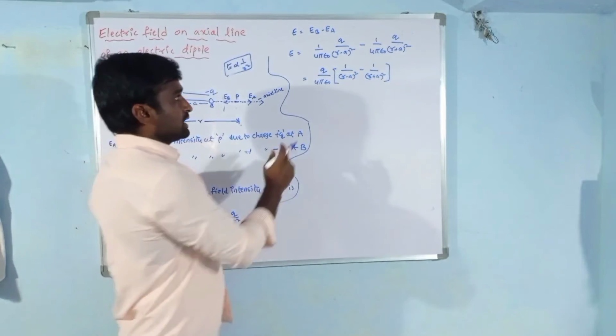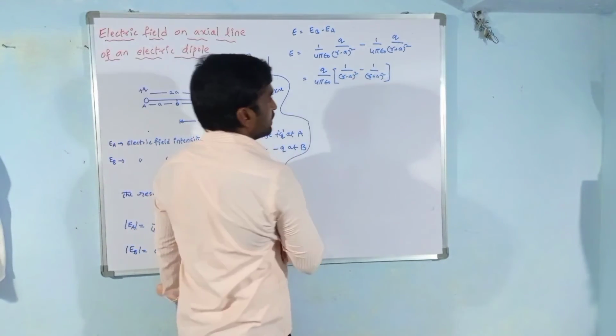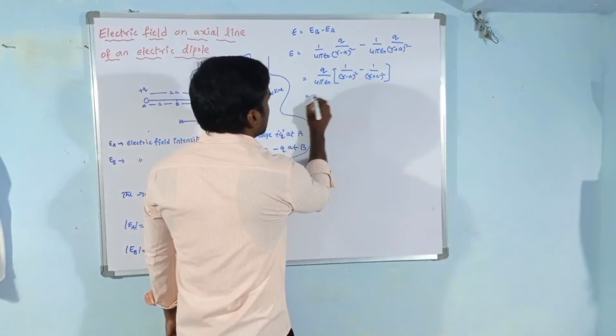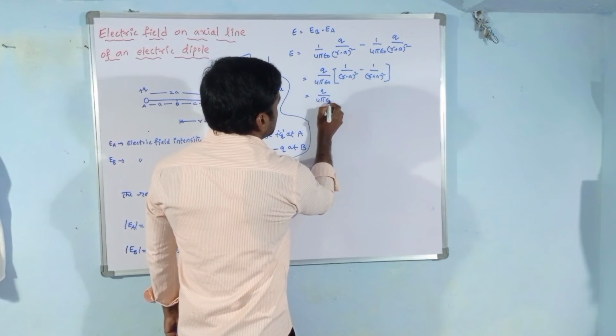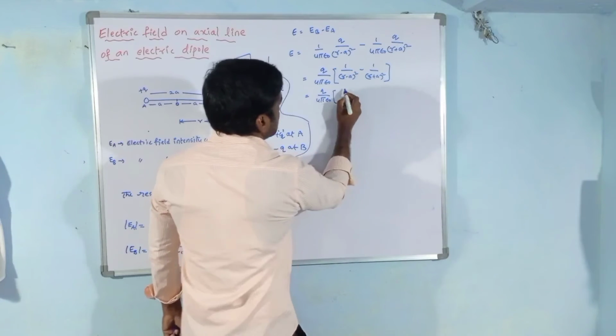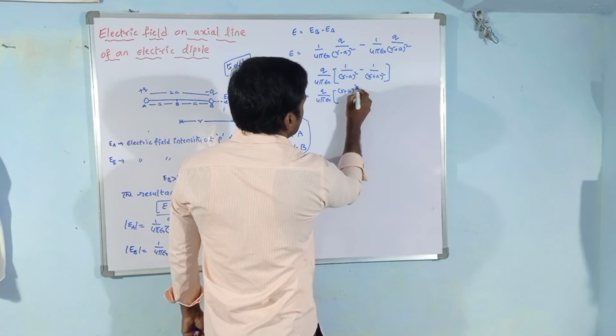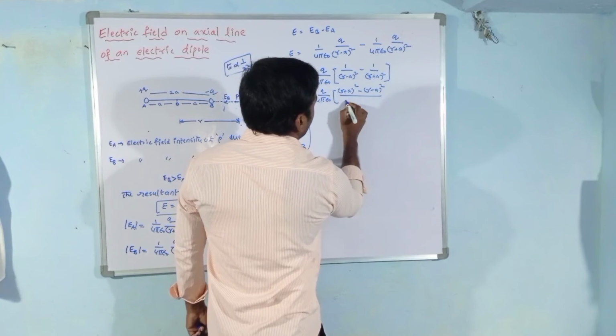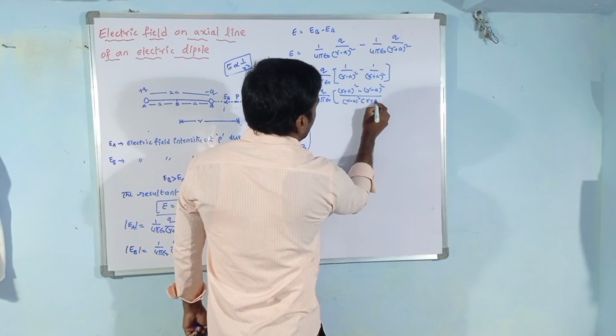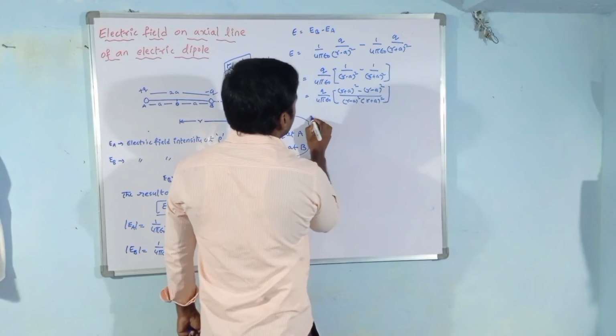Okay, now what is the LCM? R minus A whole square into R plus A whole square. So Q by 4 pi epsilon naught, R plus A whole square minus R minus A whole square, by R minus A whole square into R plus A whole square.